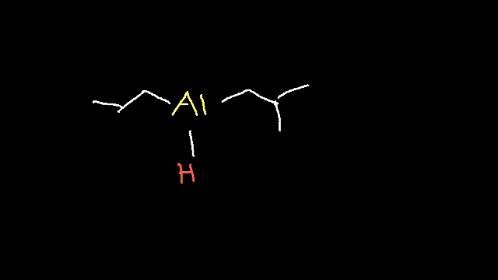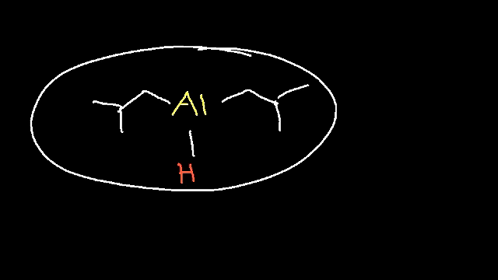DIBAl is basically diisobutyl aluminum hydride. So you have an aluminum atom with only one hydrogen and two isobutyl groups, which looks like this. So this is DIBAl. Because it only has one hydrogen, it simply adds one and stops at the aldehyde level. But for this to work, the temperature has to be low.